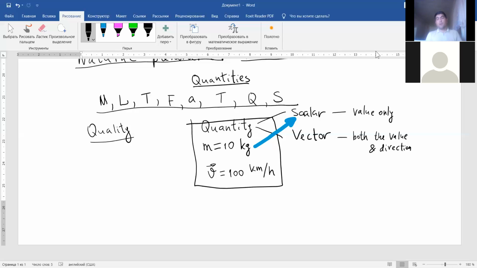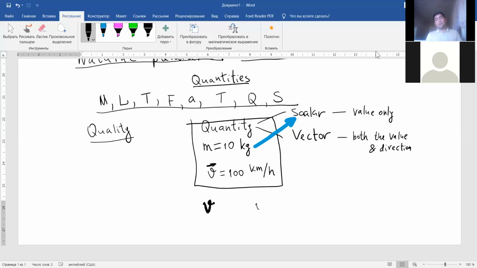And for vector quantities, we put an arrow. Arrow means it's a vector quantity. In the books, if you see no arrow, then you see the boldface font. For example, velocity is boldface V. If you see velocity in boldface in the books, then you should understand that this is a vector.